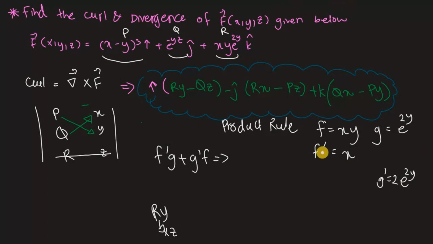So now let's plug into the product rule formula. This is f prime times g plus g prime times f.